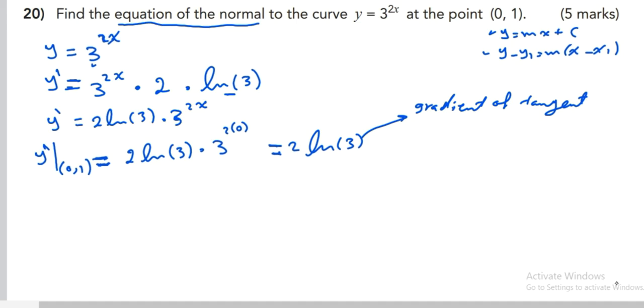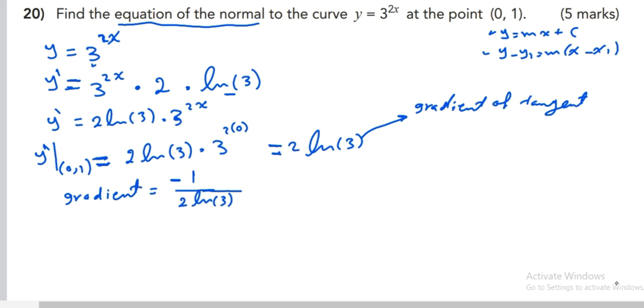But if he wants the equation of normal, as he asked here, the gradient will be upside down and change sign. So it will be 1 over 2 ln 3 and change the sign to be negative.